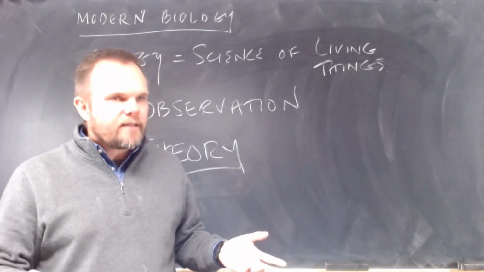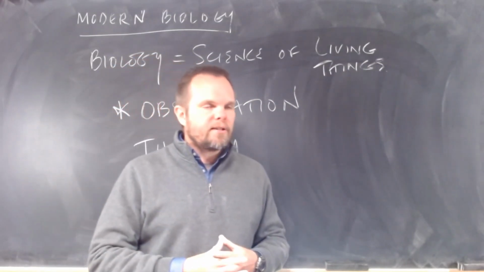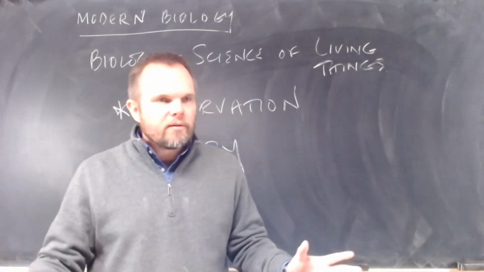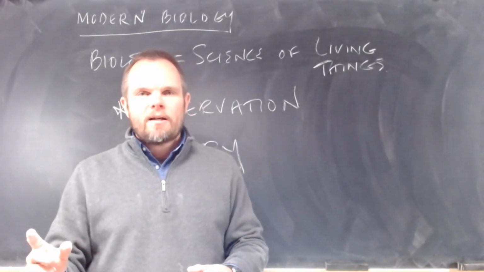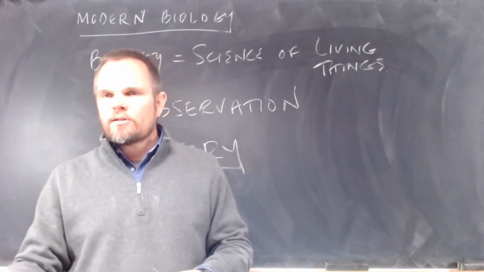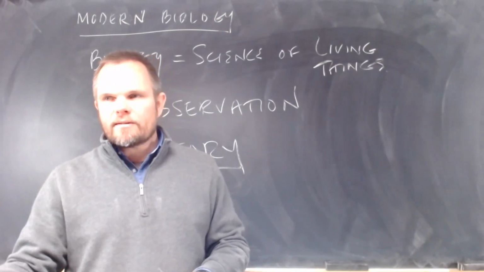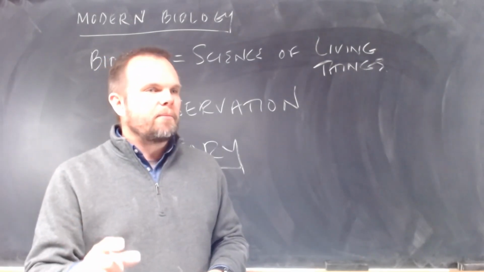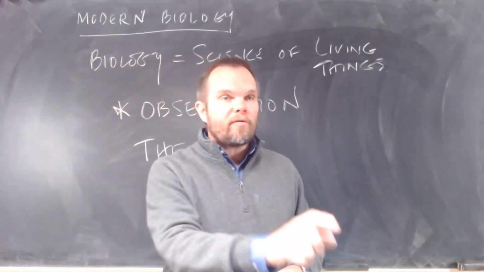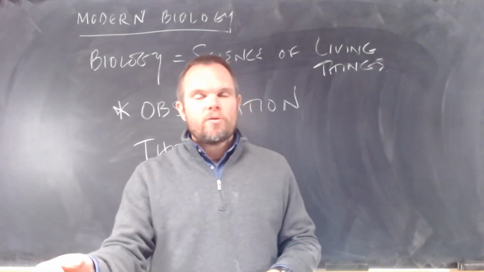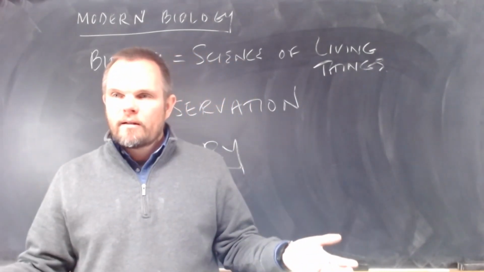And this is what's dangerous in modern science. There are many ideas in modern science that are theories, but what happens is scientists and teachers stop talking about them as theories, and they start to talk about them as if they're already proven facts. And as science students, you can't allow that to happen.